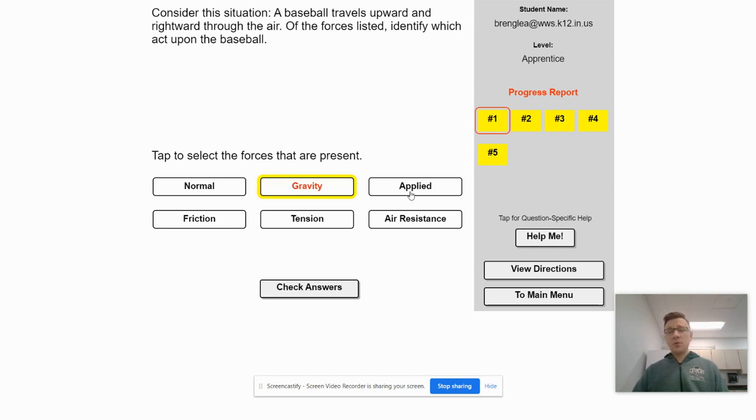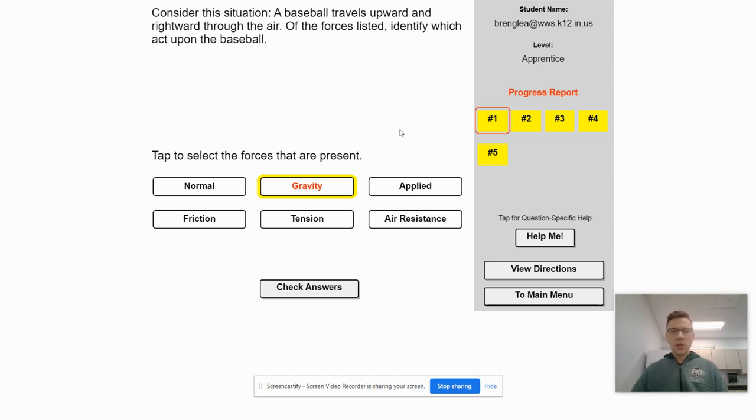An applied force is going to be a push or a pull, typically from a human, like pushing a box or pulling a rope that's attached to a sled or something like that. So we'll need to be careful with differentiating between applied forces and tension when there's a rope involved.